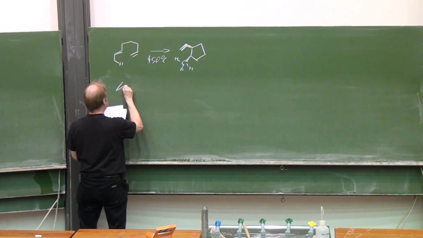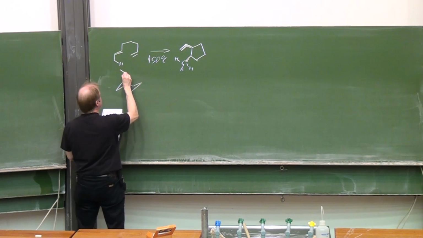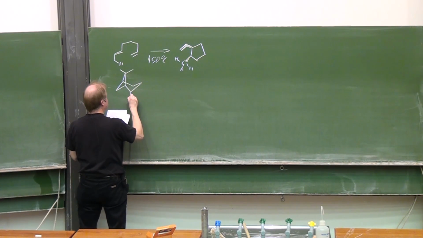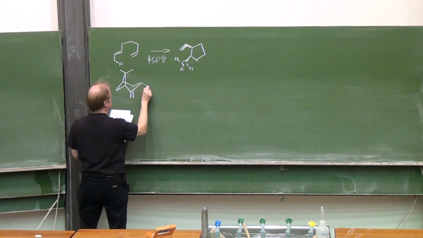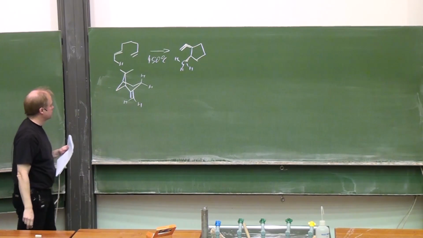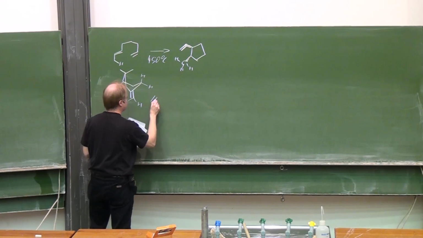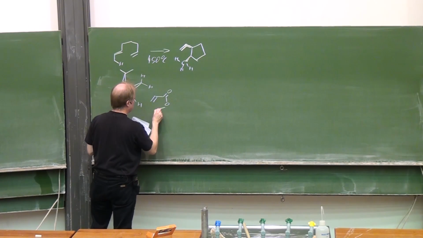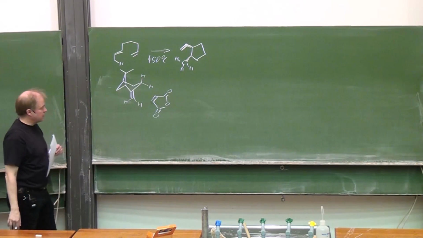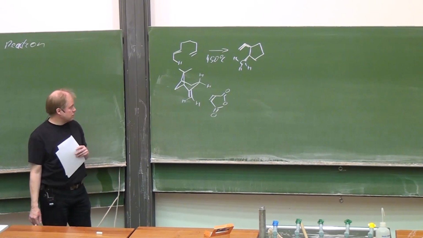This one, for instance. This is the allylic system. Most interestingly, this maleic anhydride is also known as a very good dienophile and yields Diels-Alder reactions.